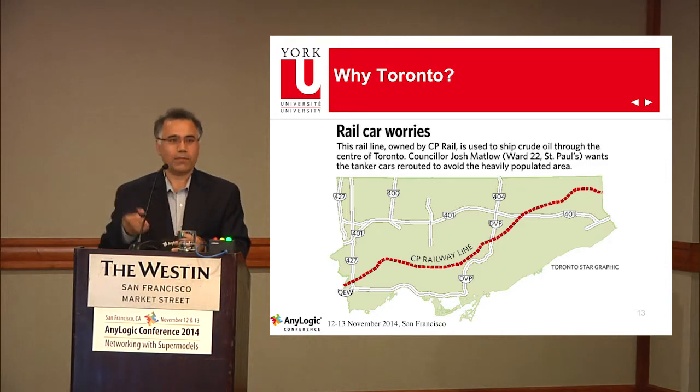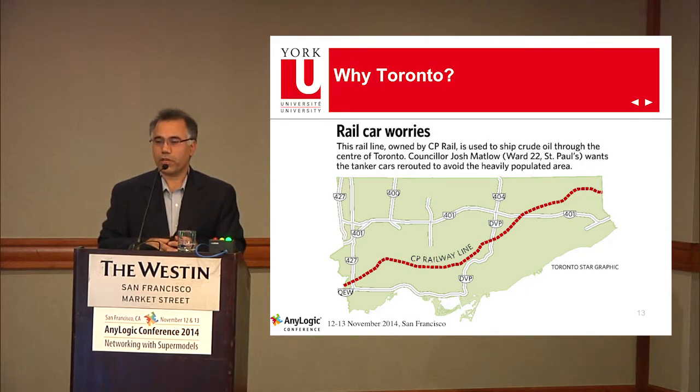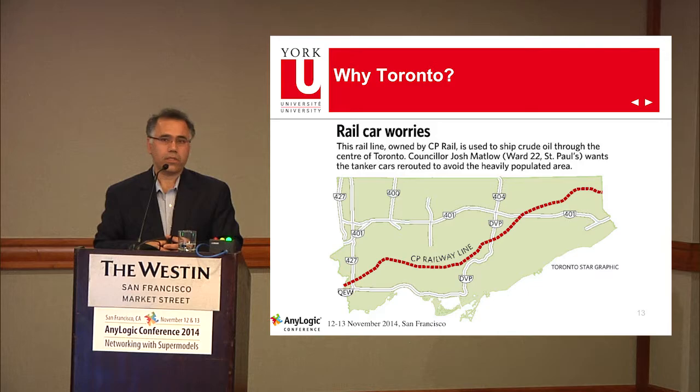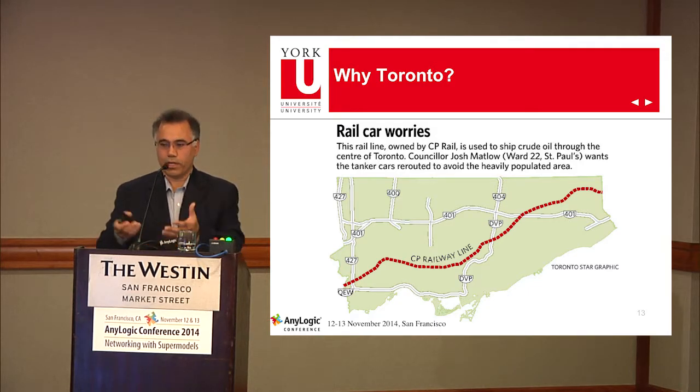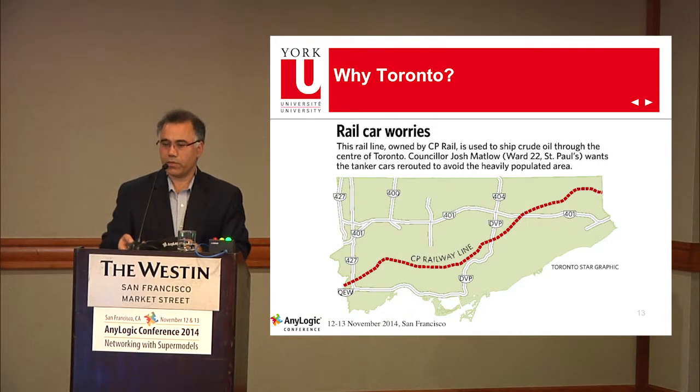In fact, because Toronto is the largest city in Canada, the risk is much higher in the city as well, and already lots of councillors and others are asking for some change in this. This is one of the rail lines I'm focusing on right now, but it could be all different railroads inside the city. Councillors are already asking, and this happened, of course, after this event.